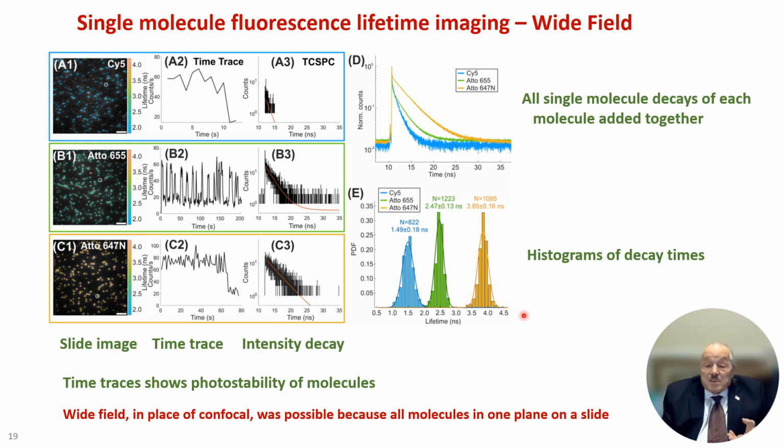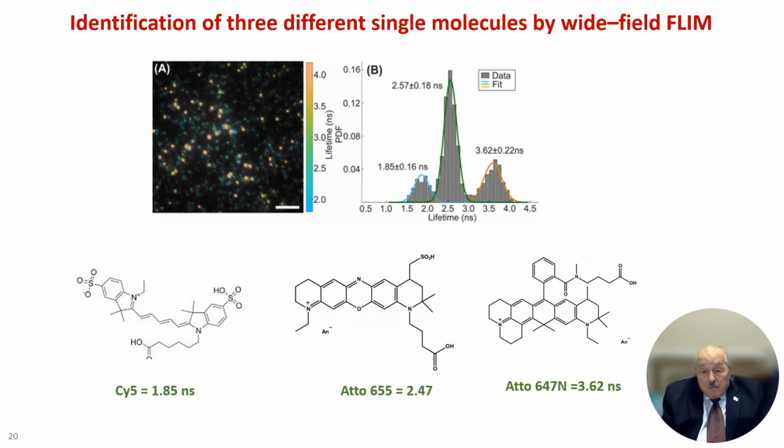Now this was not really resolving the molecules from each other because they were on separate slides, but on the next slide, all 3 of the fluorophores were put on the same slide, and then they prepared a histogram of all of the different lifetimes for each of the dots that they measured, and lo and behold, they got a histogram with 3 different lifetimes, and those lifetimes agreed with those expected for the 3 molecules that were used, the Cy5 and the Atto molecules. So I always thought that was a nice experiment.